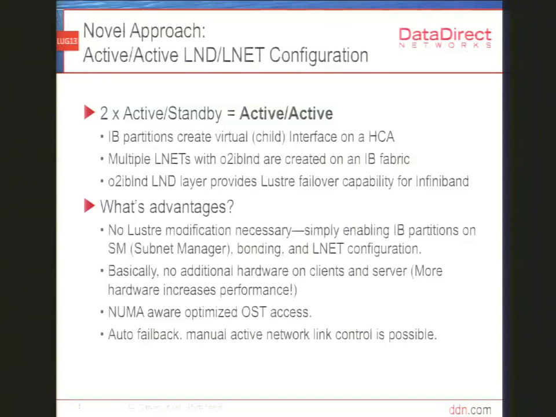Since Lustre 2.3, we have the CPU affinity setting for LNET. As the previous session mentioned, the NUMA-aware configuration helps OST access. This configuration supports auto failover and failback, and user control of the IB link is also possible.